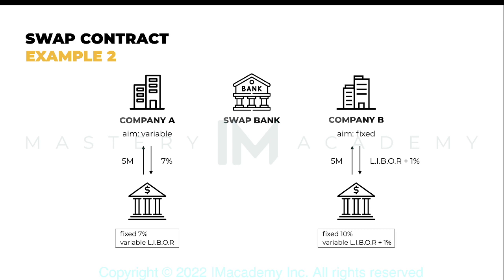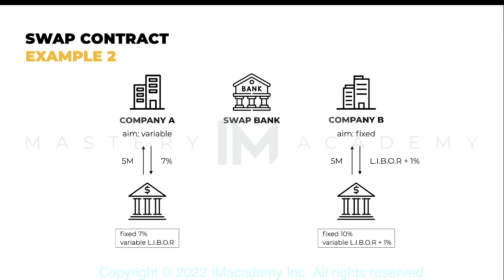So you go to Bank A and take a loan for 5 million, but pay Bank A the fixed rate of 7% that they offered you. Then the swap bank goes to another client, company B, and says, hey, I know you want to borrow 5 million at the lowest possible fixed rate, but bear with me here. Go to your bank and take out a loan at the variable rate of LIBOR plus 1 instead, and I'll help you to make it better.